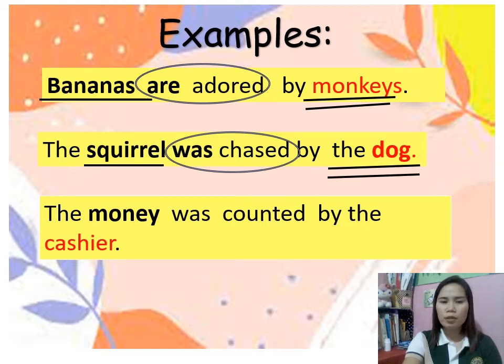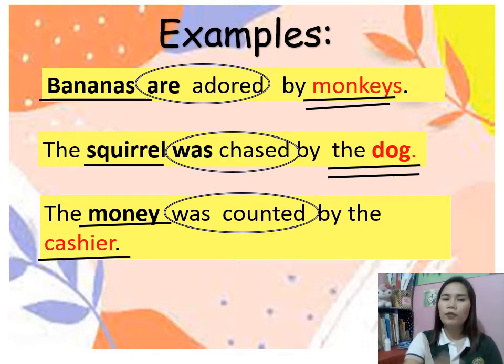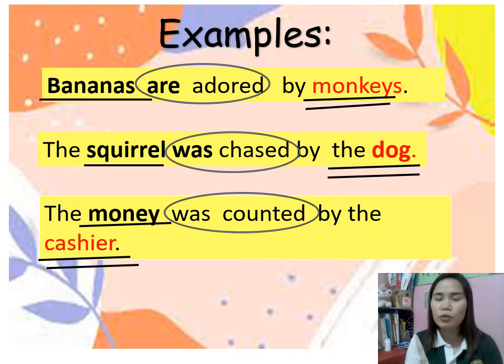Our subject is money, our verb is was counted, and the object is the cashier. It's not the money who is performing the action. The money counting the cashier is wrong. So it's the money was counted by the cashier, and the money here, which is the subject, is not doing anything. Okay.